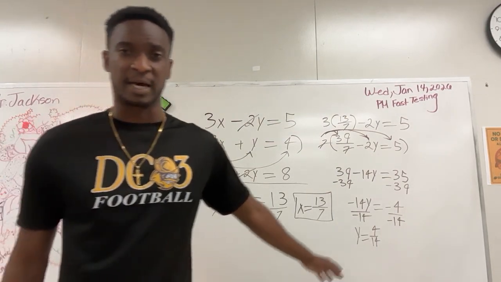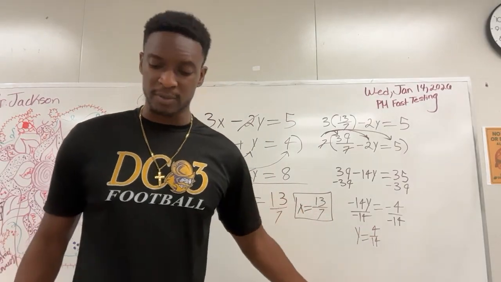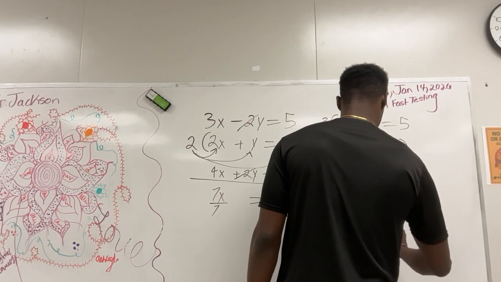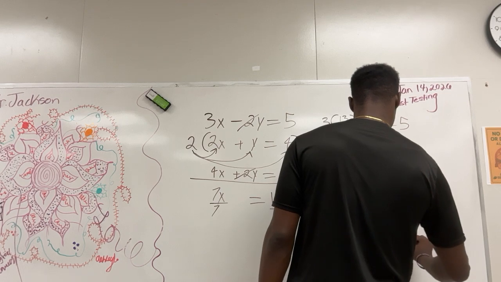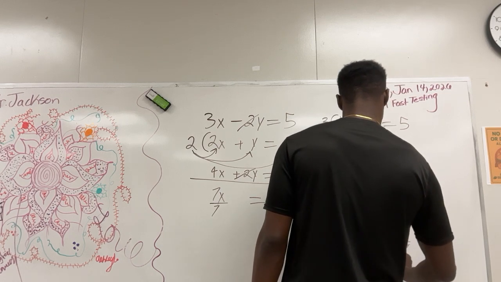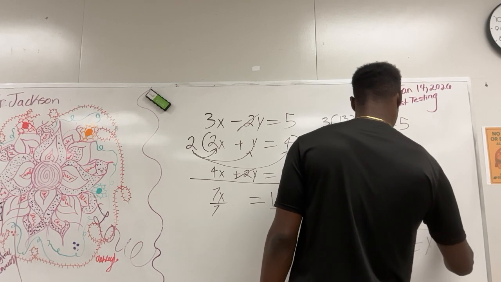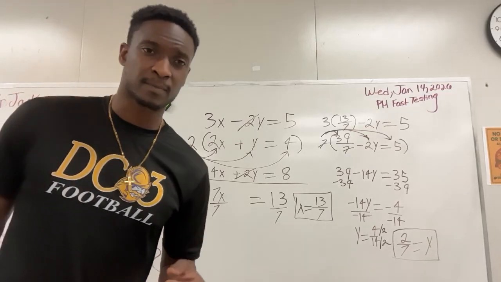Negative divided by negative now equals a positive. I got 4 over 14. I can reduce this. 2 over 7 is equal to y.